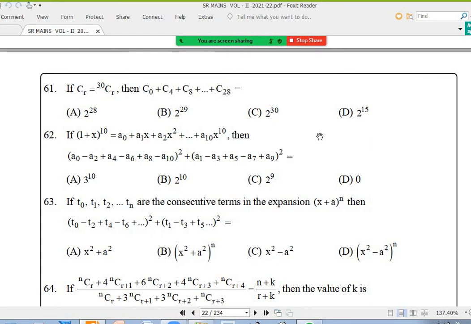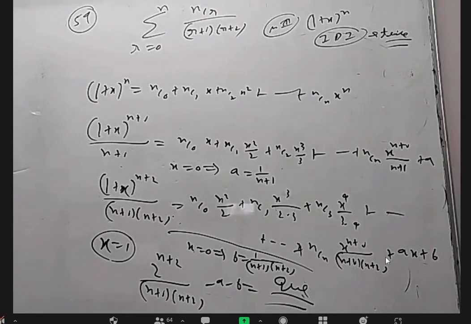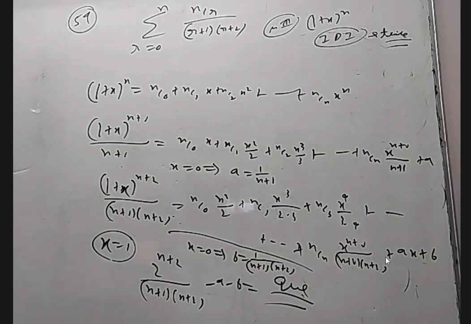Maybe I will tell all three, 61, 62, 63, based on complex numbers. Okay, has everybody completed what is there on the board, or does anybody need more time?